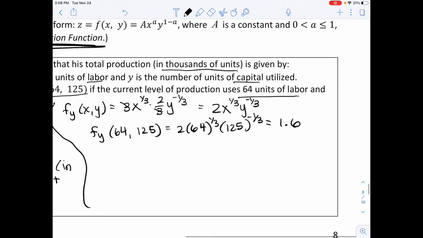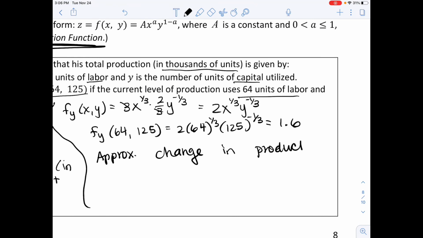And so explaining what this represents, this is the approximate change in production because we're taking the derivative of our function z, which is in production. And again, this is measured in thousands of units.